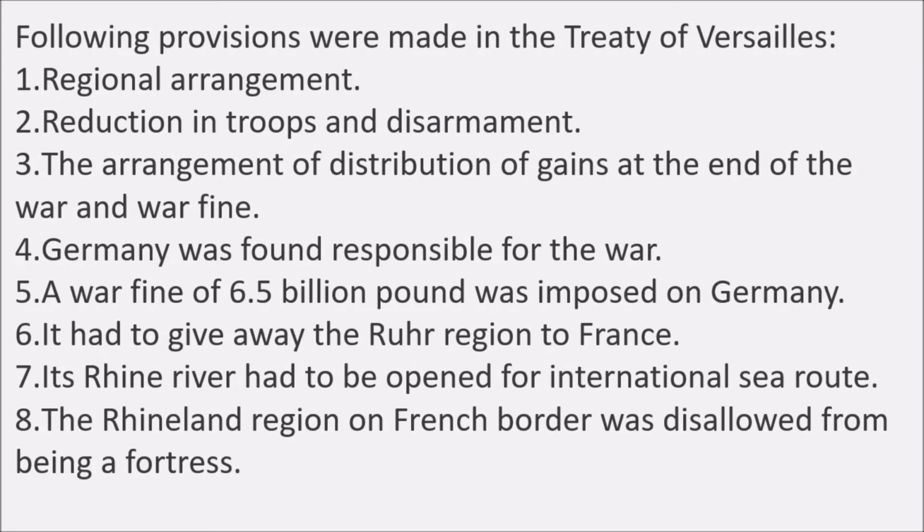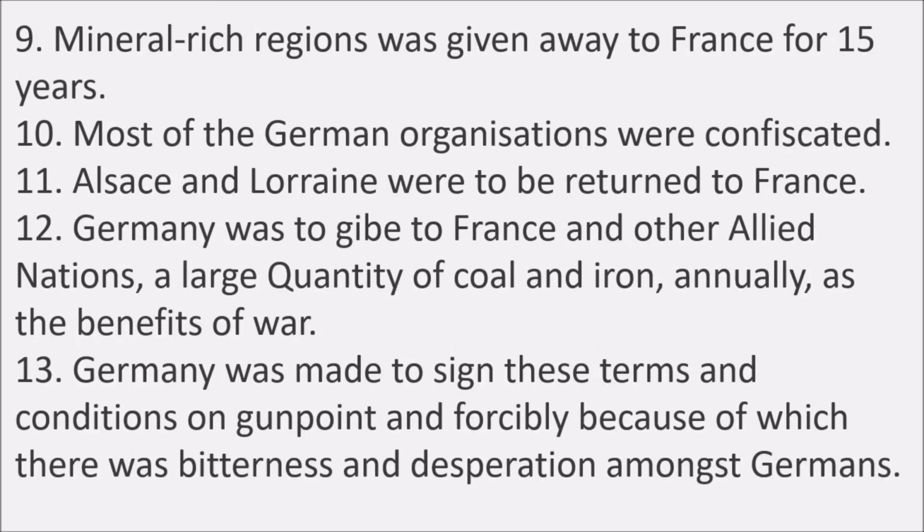It had to give away the Ruhr region to France. Its Rhine River had to be opened for the international sea route. The Rhineland region on France's border was disallowed from being a fortress. Mineral-rich regions were given away to France for 15 years. Most of the German organizations were confiscated.